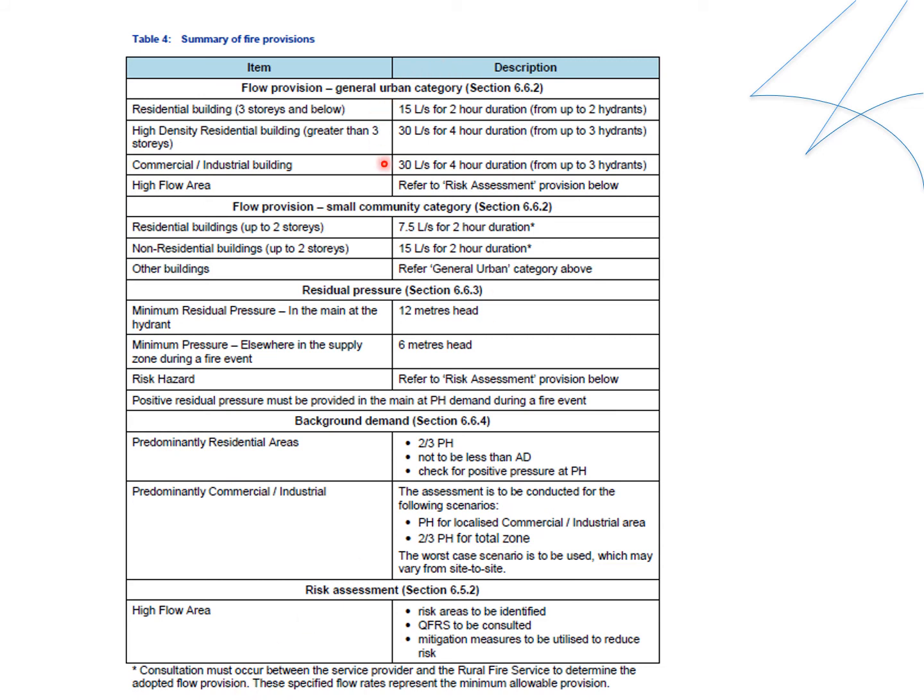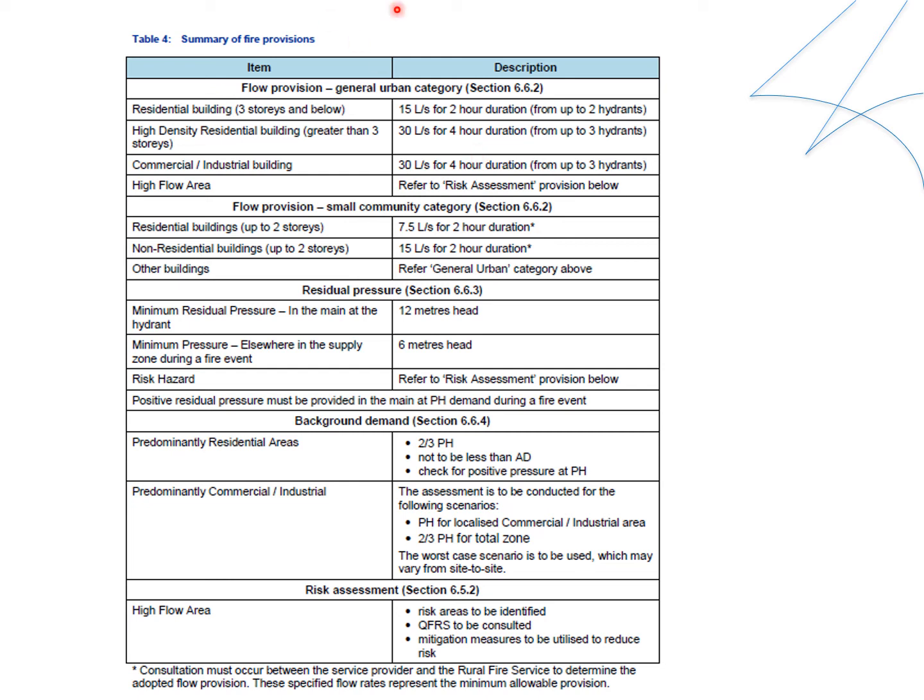So these are typical values only, and the final value should come from consultation with the service provider and the rural fire service of that area. So let's assume this is the value, 50 liters per second in the residential area, and similarly for commercial and industrial areas, 30 liters per second for 4 hours. So this is the quantity of water you draw during the fire event, and this is the extra flow on top of the normal water supply.